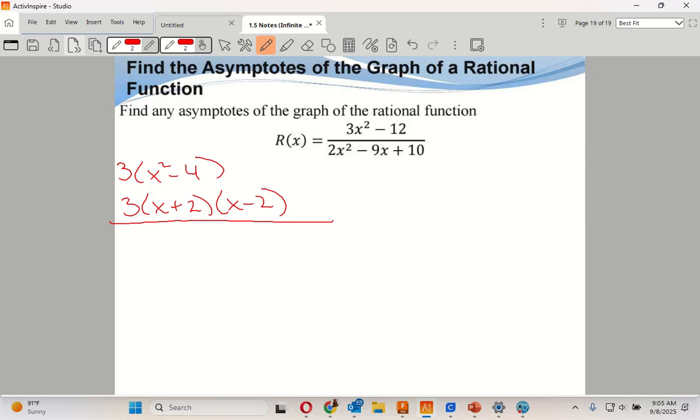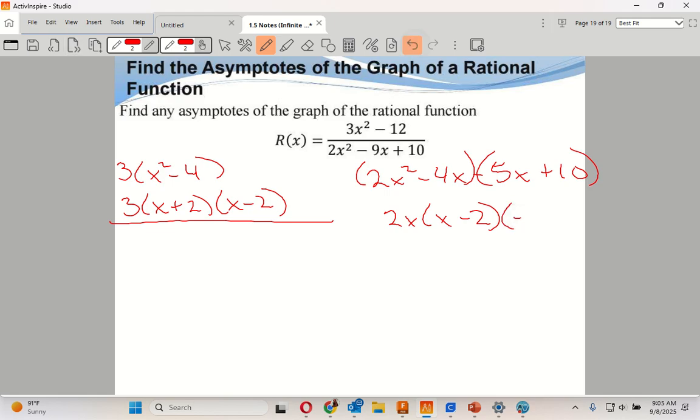So let's see, 2x squared minus 4x minus 5x plus 10, 2x times x minus 2, negative 5 times x minus 2.